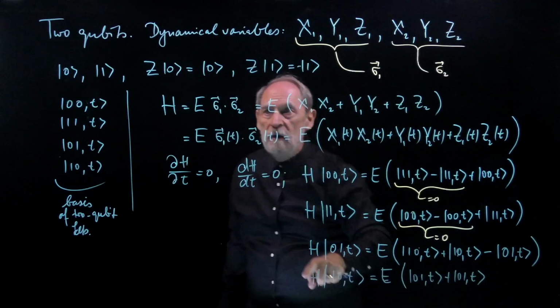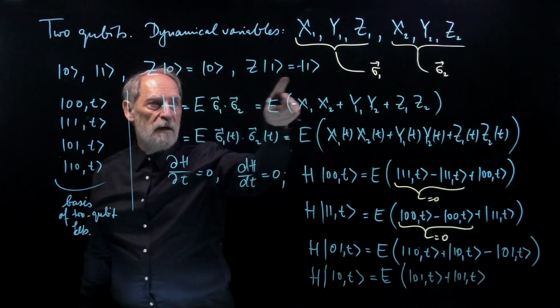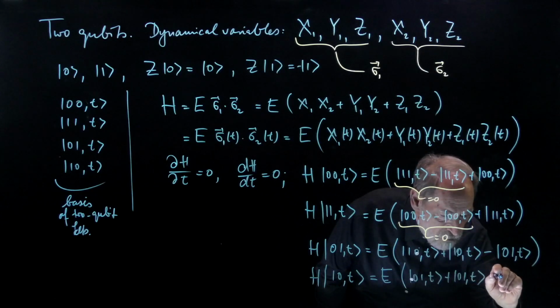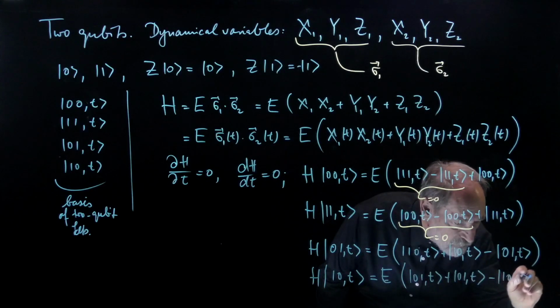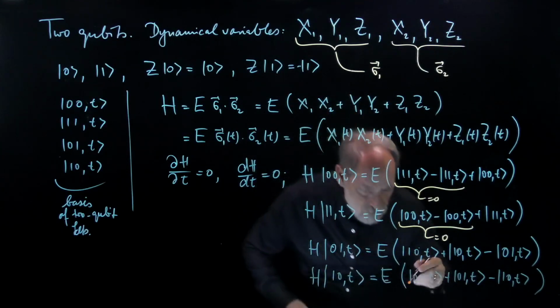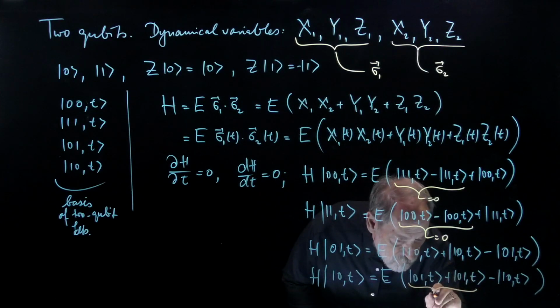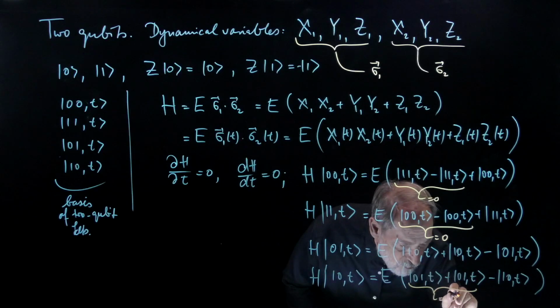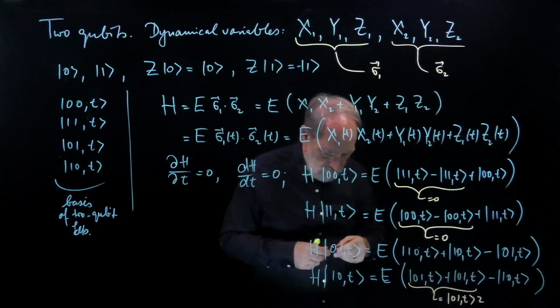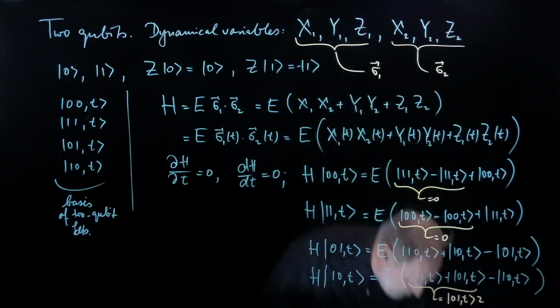And for the |1,0⟩, one eigenvalue negative 1, one eigenvalue positive 1, minus |1,0⟩ at time t. So of course, here we just get a sum of 2, so this is the |0,1⟩ at time t times 2, and likewise this is the |1,0⟩ state times 2.